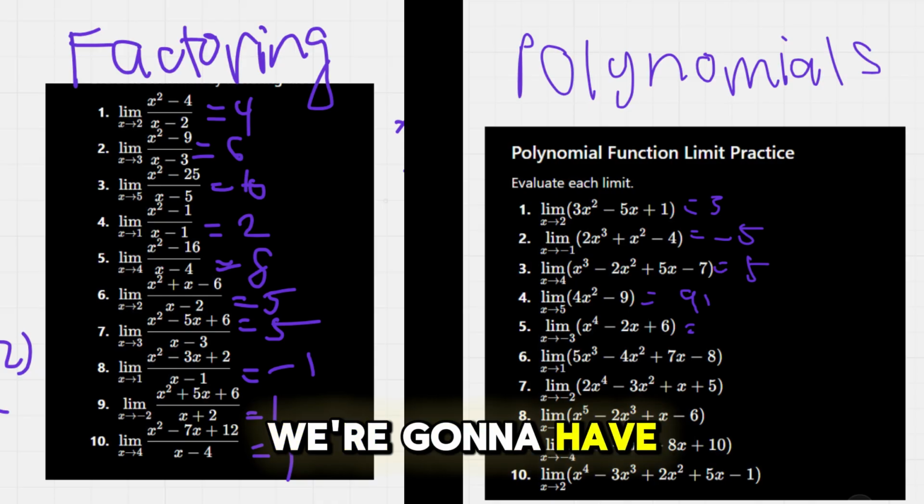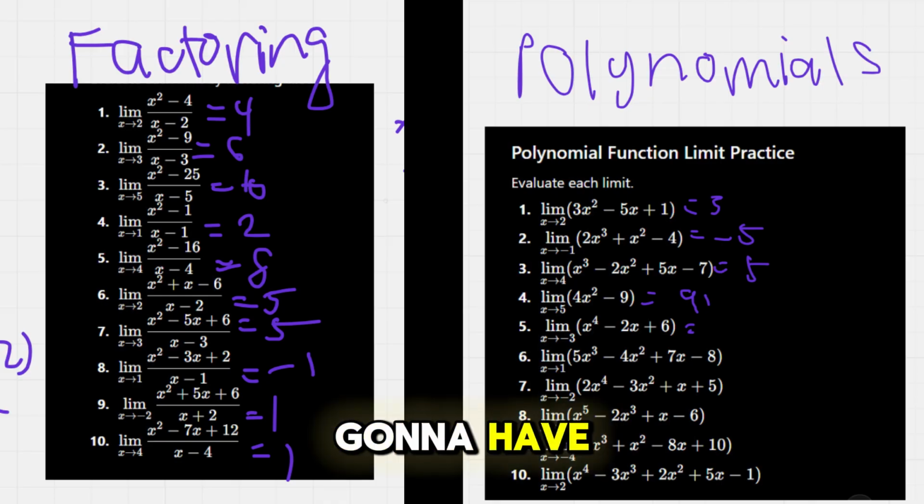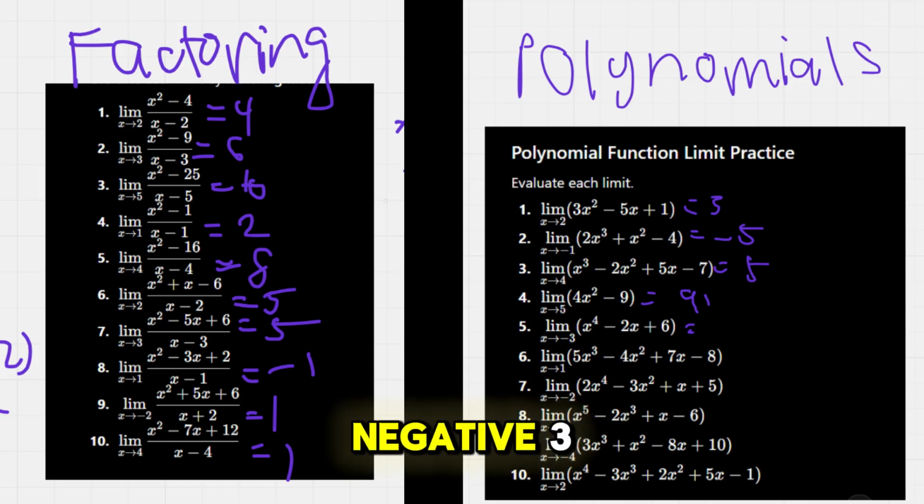We're just going to have negative 4 and negative 3. So x minus 4, x minus 3. We just have to cancel x minus 4, and then we have x minus 3.